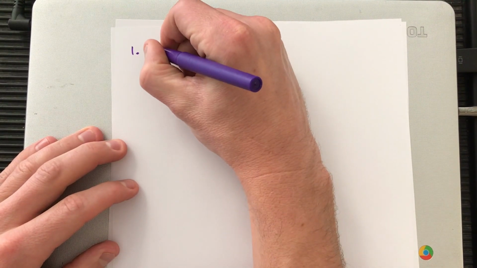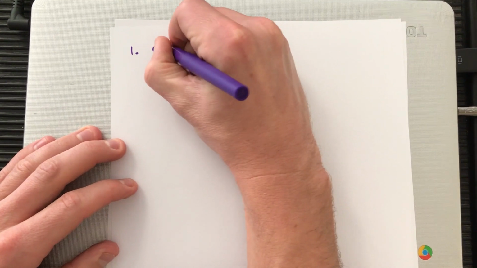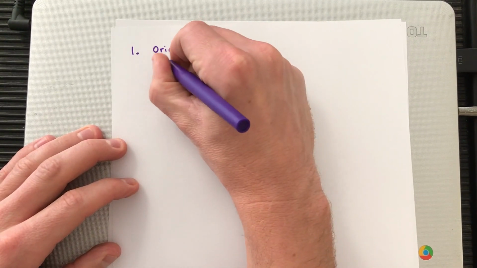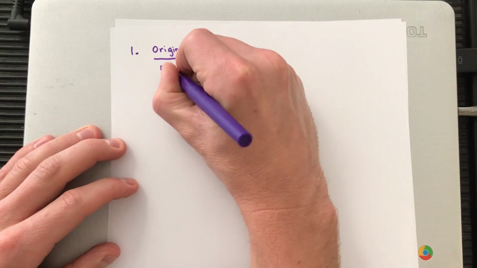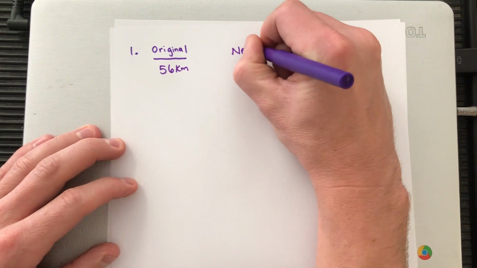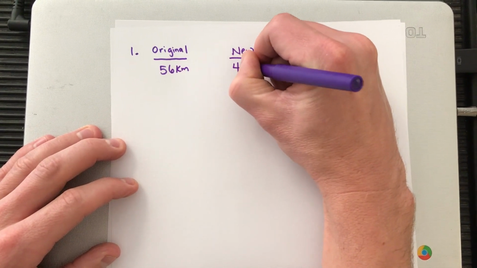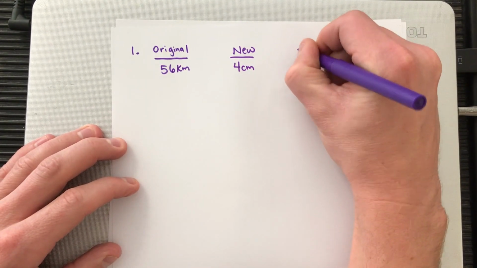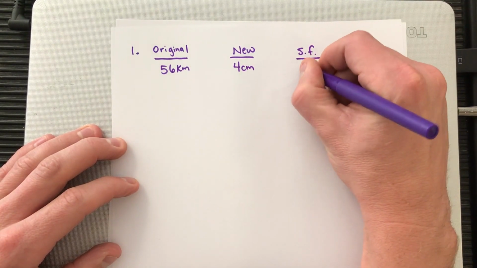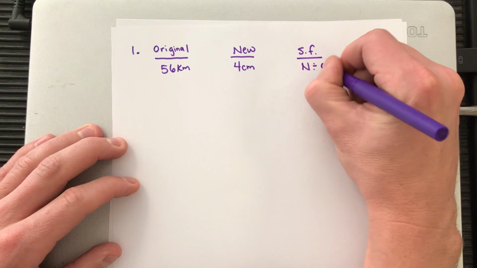The original distance was 56 kilometers, and the new distance is 4 centimeters, and my scale factor, which I'll abbreviate as SF, will be the new divided by the original.